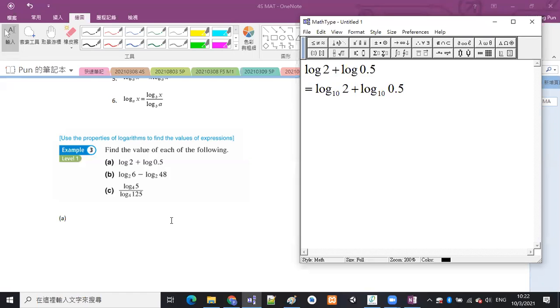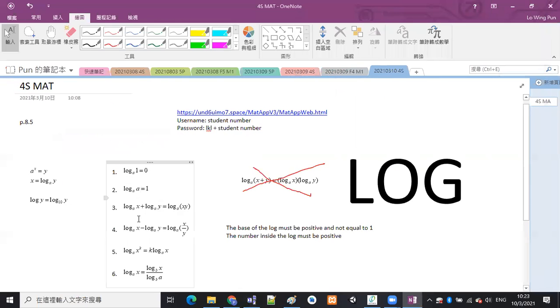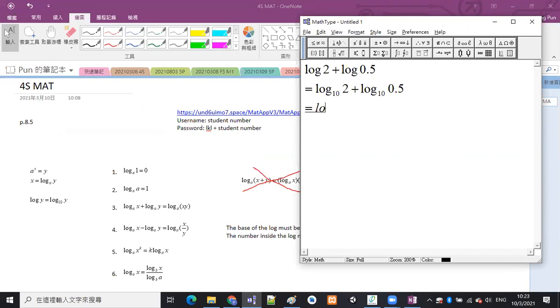Okay, if it is not written out, then it means the base number is equal to 10. And now we have log 2 plus log 0.5 with the same base. Then we can use property 3 to merge them to become a single log. So that is log with the same base, 2 times 0.5.